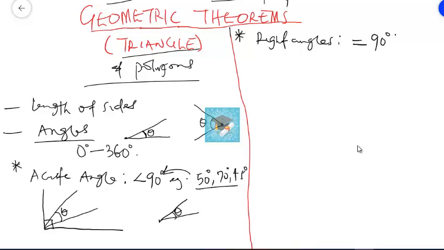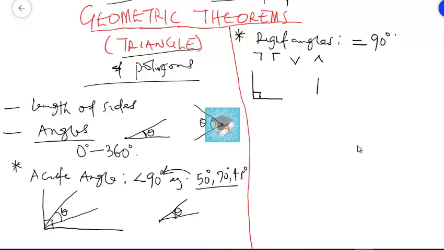Right angles are denoted by a line like this or like this, depending on the direction of the line. It might also be denoted by this symbol or this symbol. So if you have a line like this and a symbol denoting the angle like this, it means that this angle is a right angle.